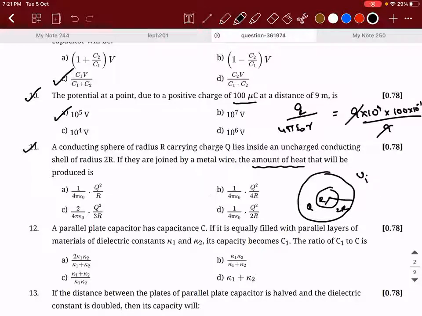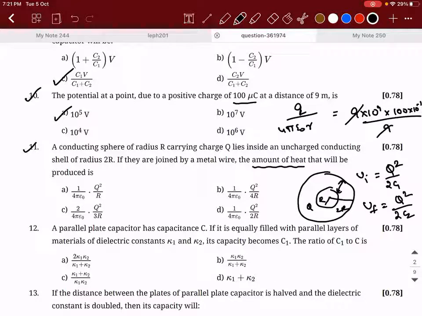Where will the energy flow from? From the one which is charged to the one which is uncharged. What is the initial energy of the spherical capacitor? It is Q square divided by 2C1. What is the final energy? It is Q square divided by 2C2. The difference in energy of these two capacitors is going to give you the answer.